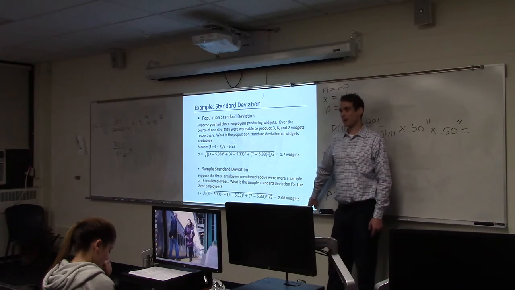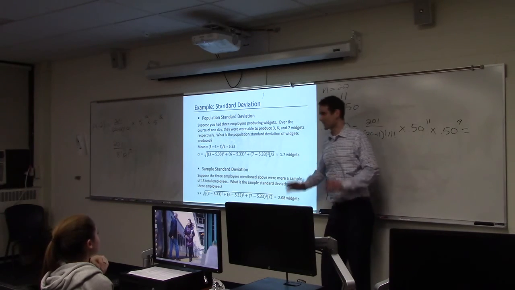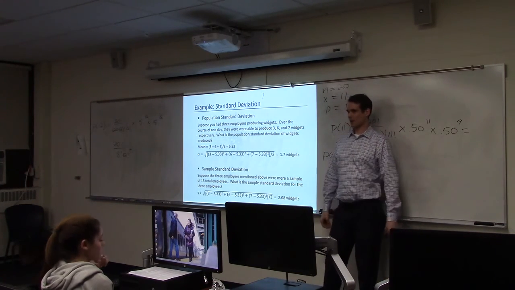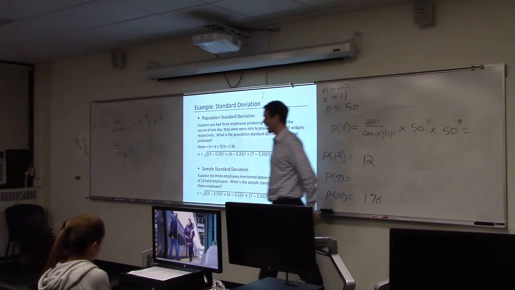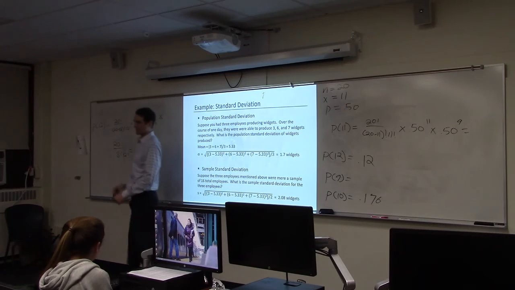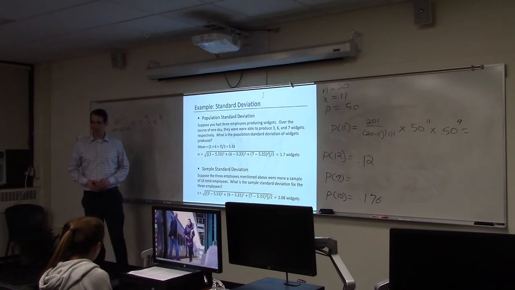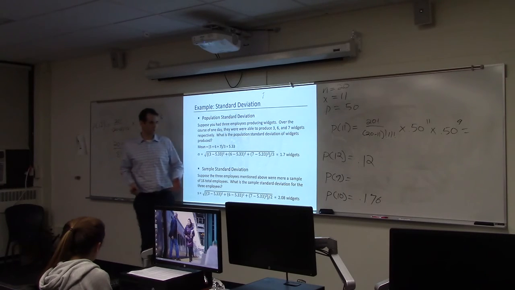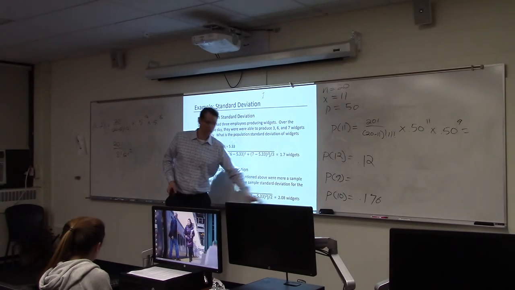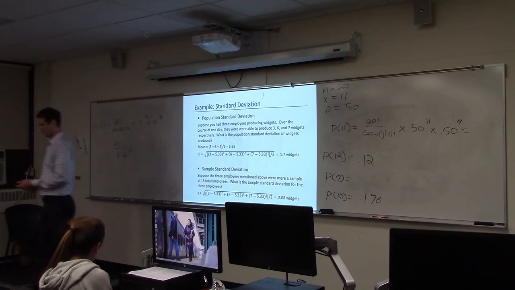Because I divide by a smaller number, I get a slightly bigger standard deviation. I take a larger number to account for the fact that I didn't sample everyone. I make a less precise estimate. So my standard deviation, if this were just a sample, would be 2.08. Does that make sense?